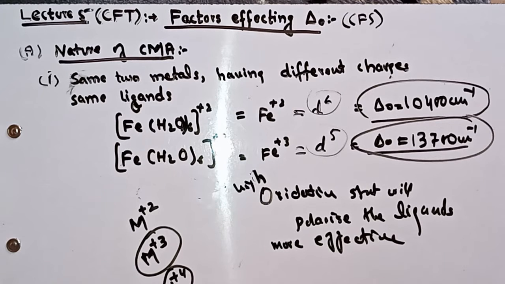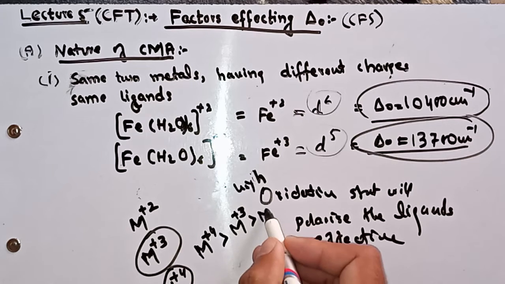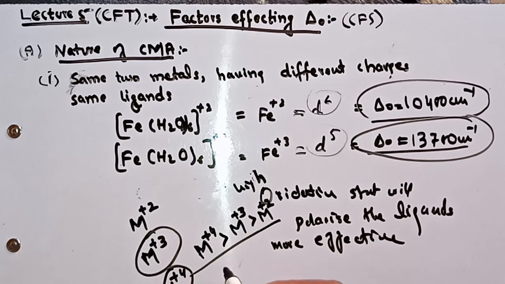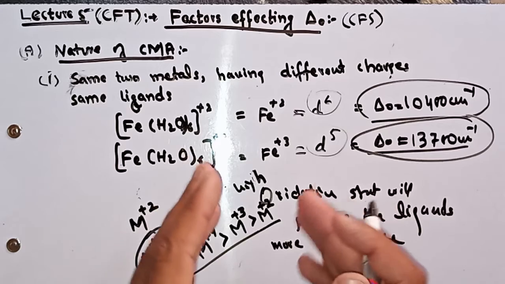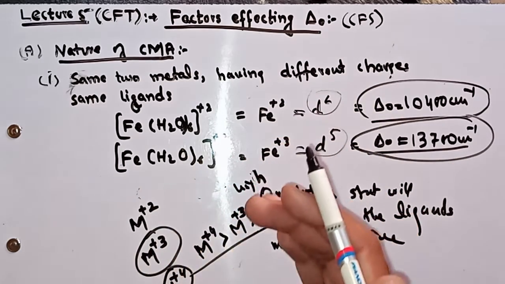For the same metal, the splitting in the case of M plus 4 will be greater than in M plus 3, which will be greater than in M plus 2 cation, because a high oxidation state will polarize the ligand more effectively. The ligand can approach easily to the central metal atom.